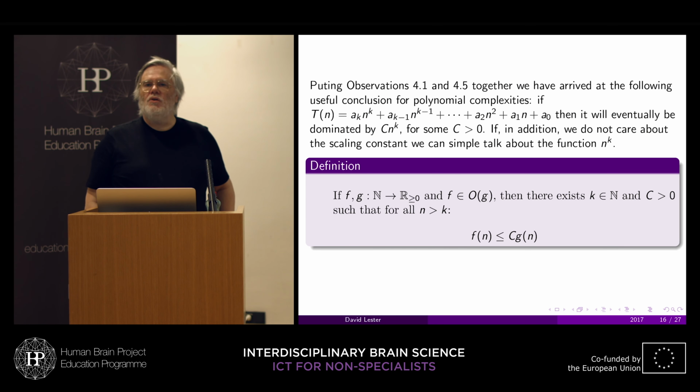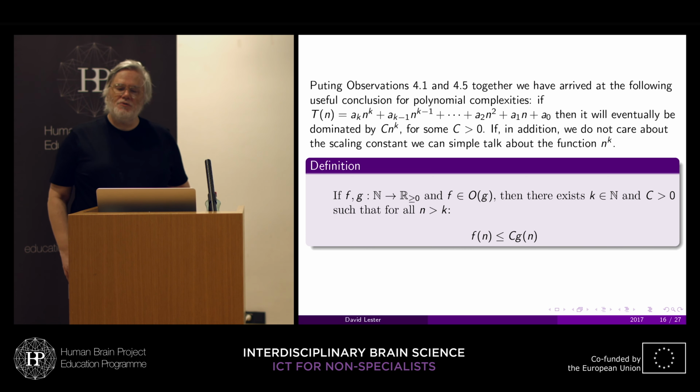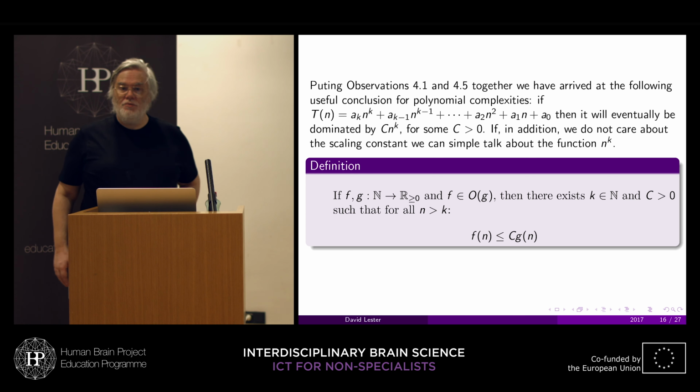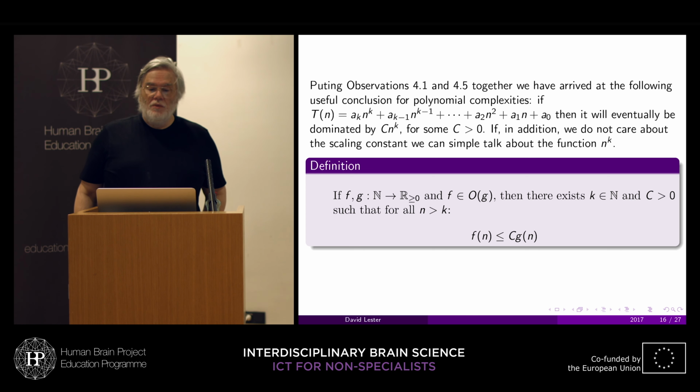Putting these two observations together, we arrive at a very useful conclusion for polynomial complexities. If you have a time complexity that is a polynomial of order k, then you can ignore all the terms k minus 1 down to 0 and delete the leading coefficient.